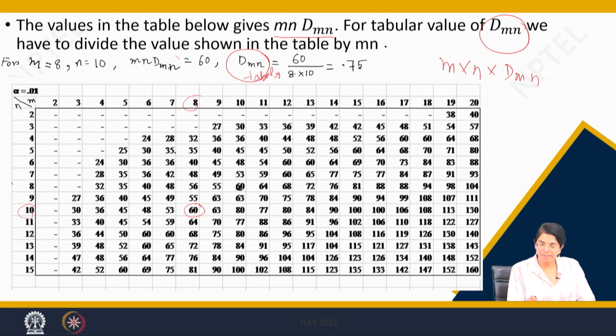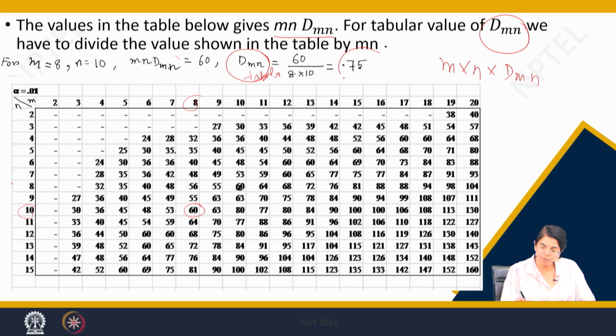So dmn, if you want to extract, because you have to test, you have to make the decision on the basis of d tabular and d calculated. In case your d calculated is bigger than d tabular, you reject the null hypothesis. That's what we have learned. So to find out d tabular, 60 divided by 8 into 10 is equal to 0.75.